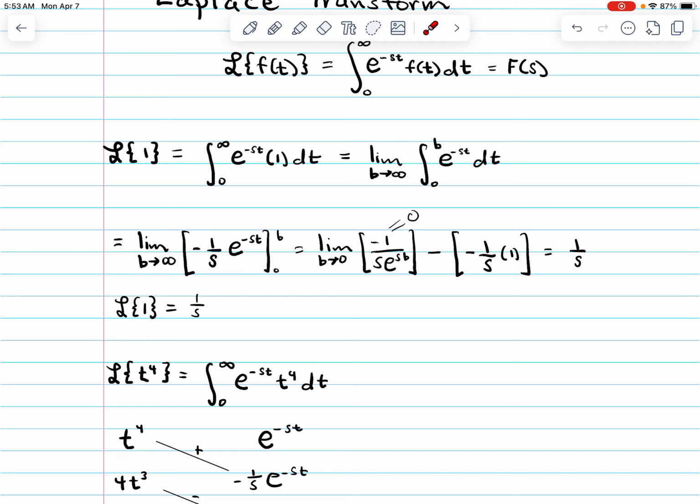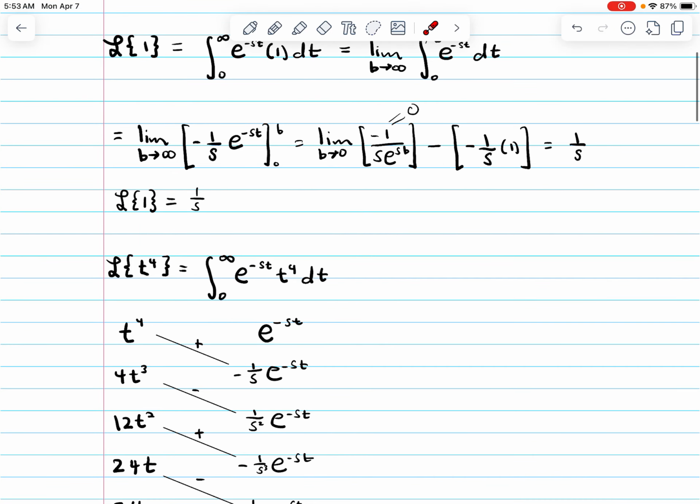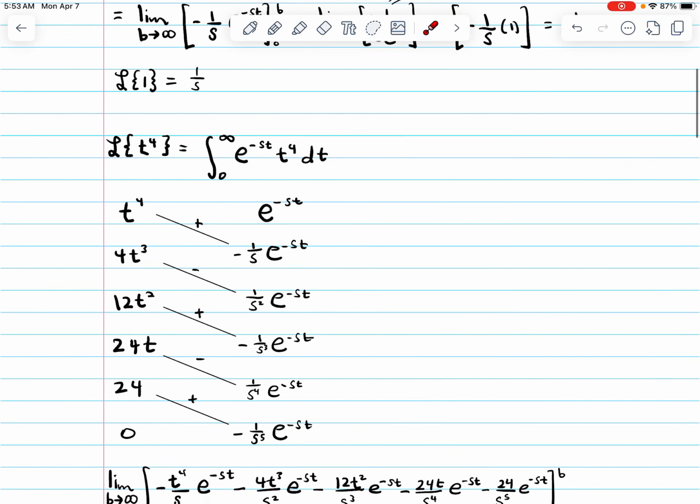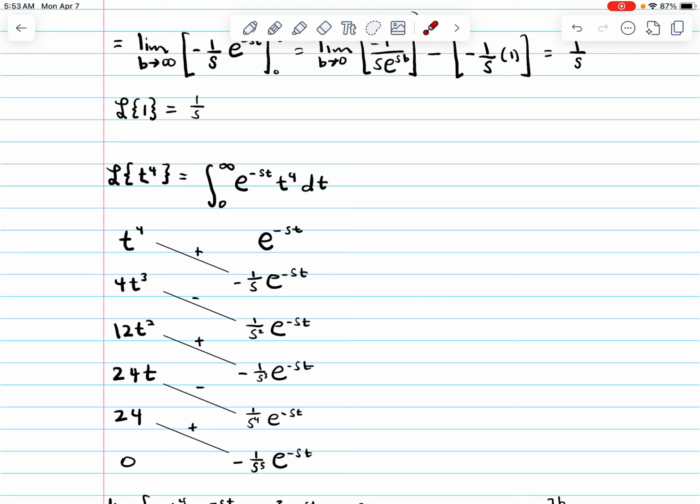How good are you at integration? The way we would normally evaluate this integral is by parts, doing parts over and over again, or we could use the shortcut, tabular integration, which is just integration by parts, a shortcut to it.